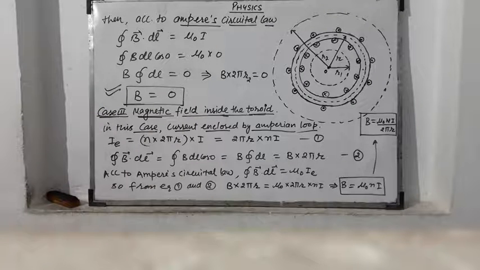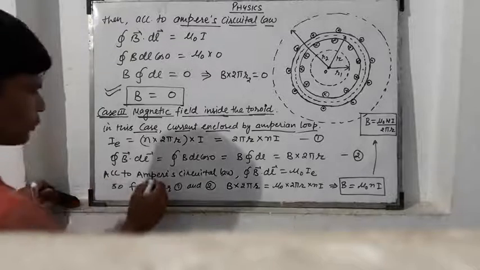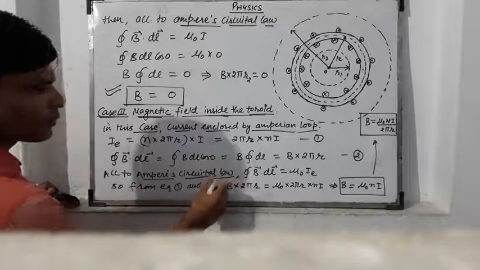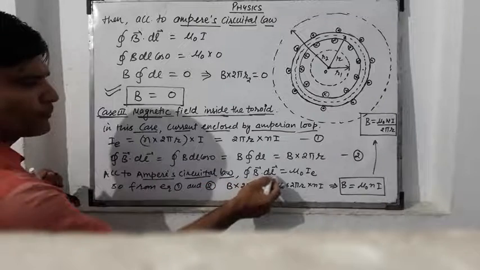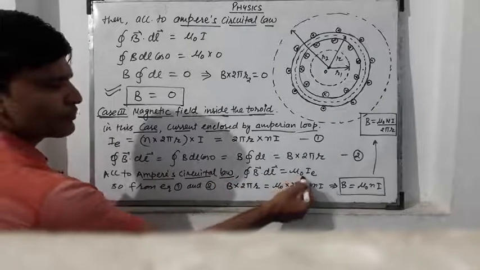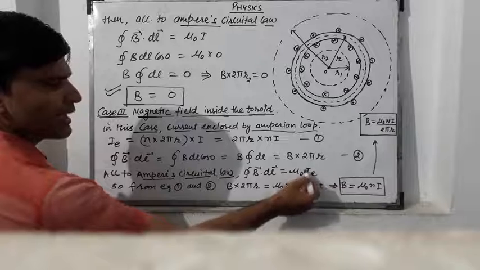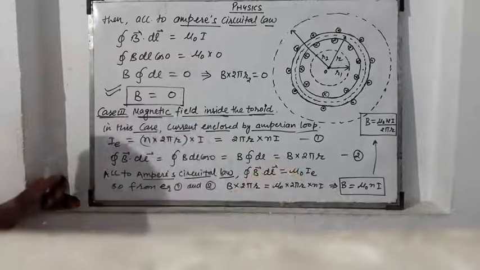Once again, according to Ampere's circuit law, the line integral of B into dl is equal to mu naught I_e, the enclosed current.